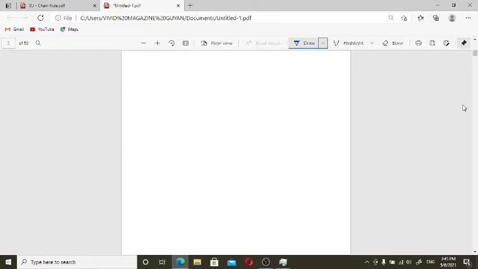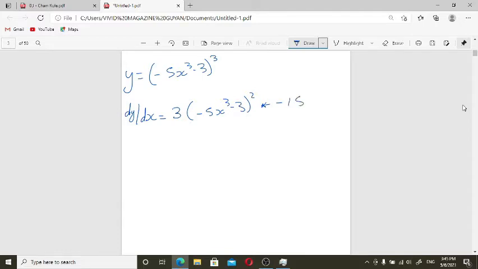So the next one, let me just slow down my roll a bit, because I actually want to try and work out all of it tonight as part of the practice for tomorrow's big test. So dy upon dx is equal to, bring down the 3 in front, write back the inside, minus 3, reduce the power, multiply, minus 15x squared.